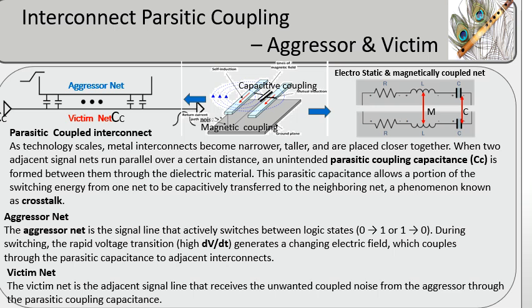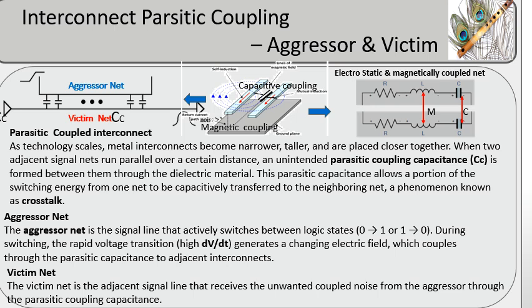As semiconductor technology scales, adjacent metal interconnects are placed increasingly closer together, creating unintended electrical coupling between neighboring signal lines. This coupling occurs through parasitic capacitance and mutual inductance naturally present between the interconnects. The actively switching signal line is called the aggressor, while the adjacent line receiving the unwanted coupled signal is known as the victim.